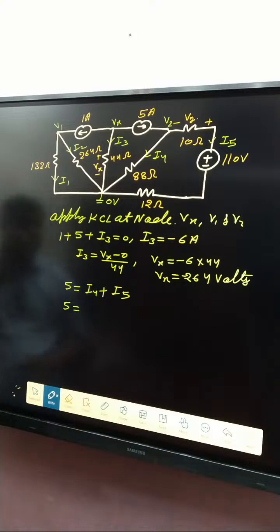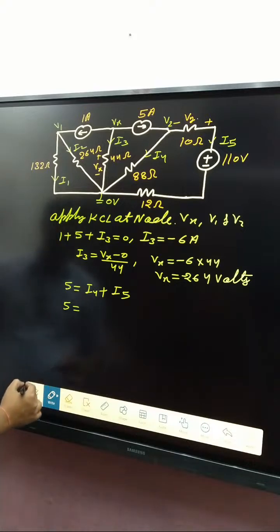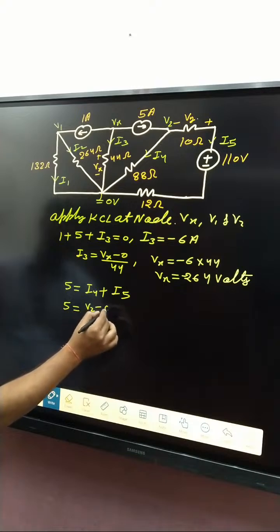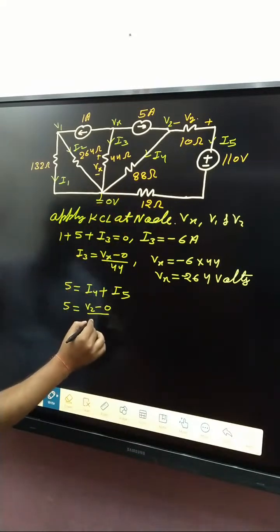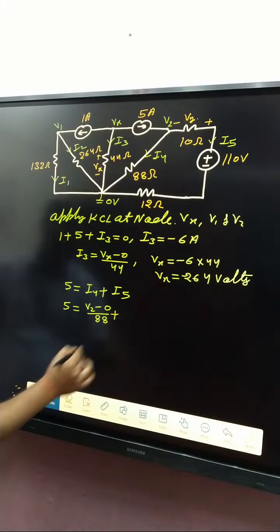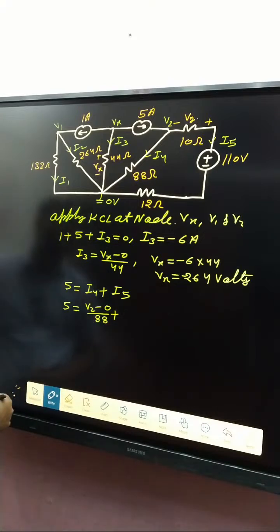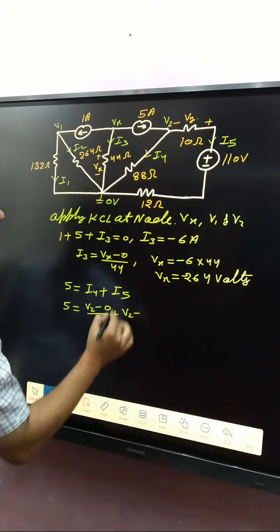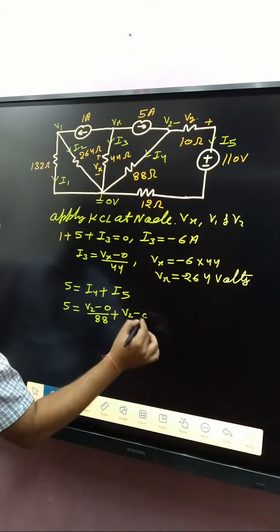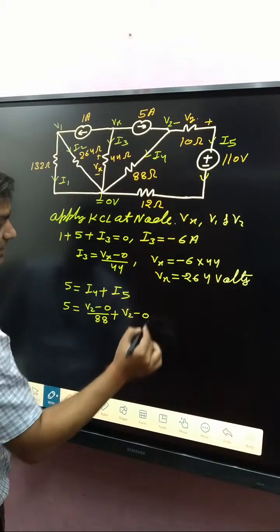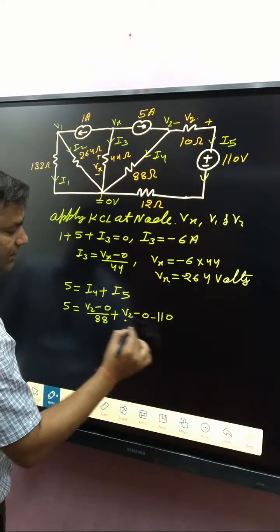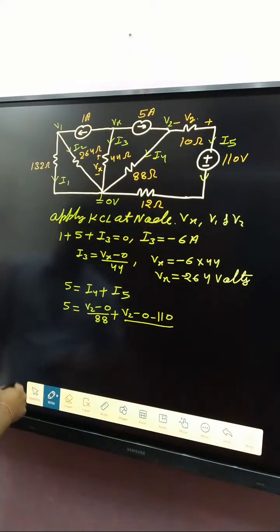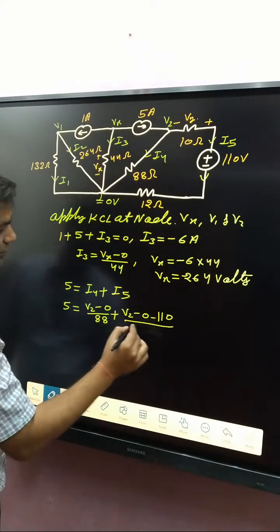I4 is V2 minus 0 divided by 88. I5 is written as V2 minus, current leaves from the negative terminal, so minus 110 divided by the resistance 10 plus 12, that is 22.